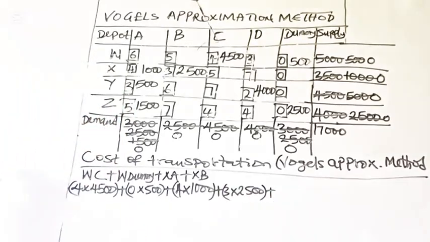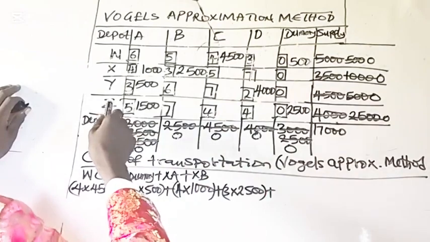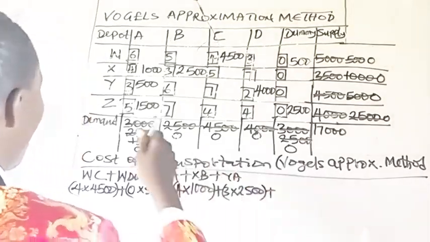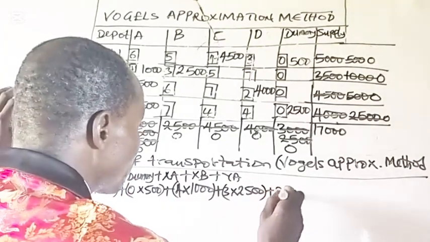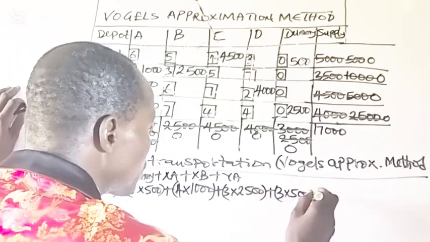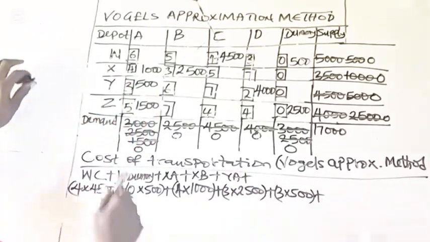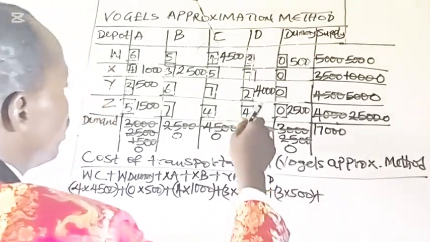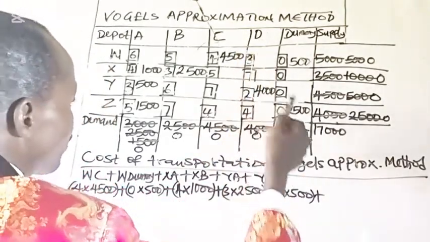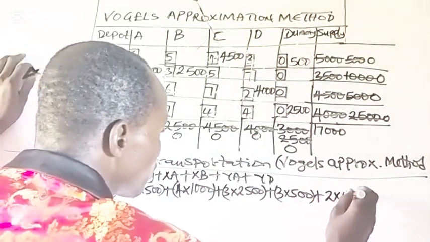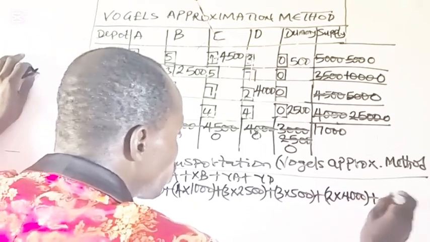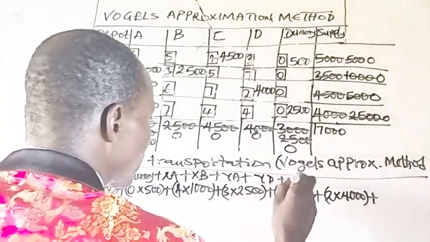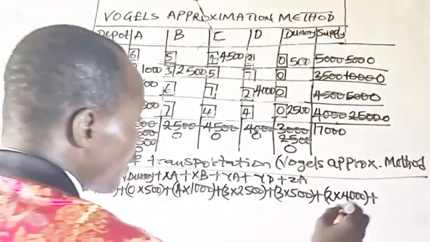plus then we have YA. And YA is 3 times 500, plus YD, which is 2 times 4,000, plus ZA, which is 5 times 1,500.